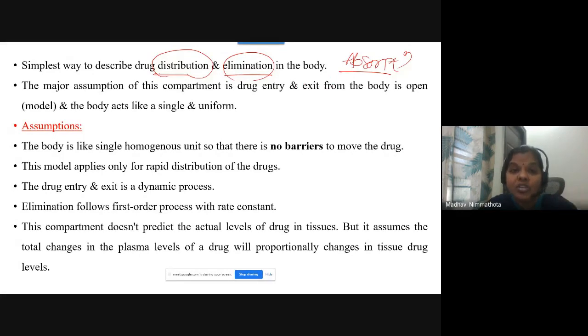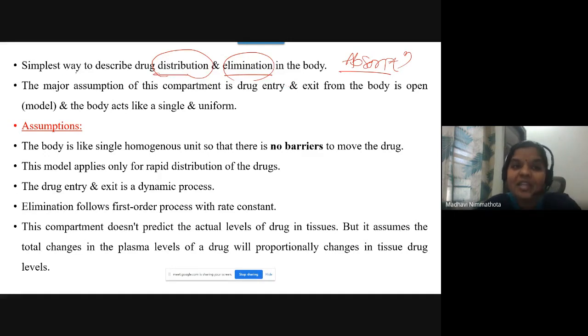There is negligible absorption, because once the drug enters into our circulatory system, the process is rapid. So there is no absorption or negligible absorption. That's why in case of one compartment open model, you have IV bolus injection and IV infusion. So you must neglect this absorption.